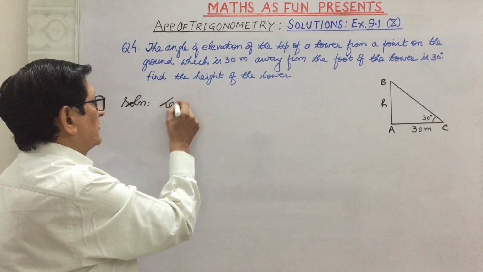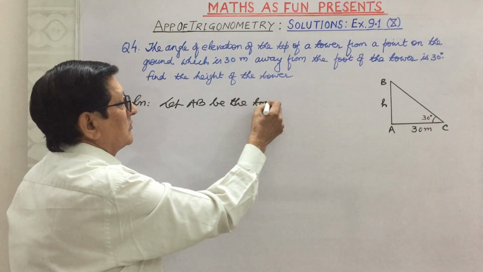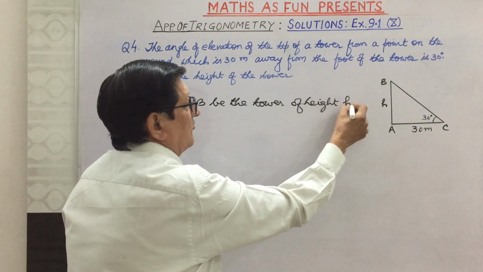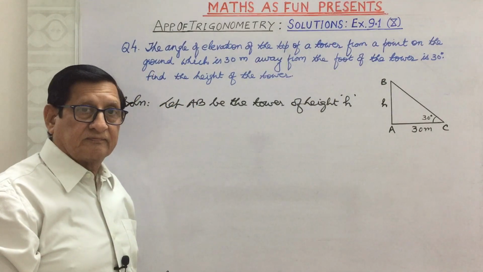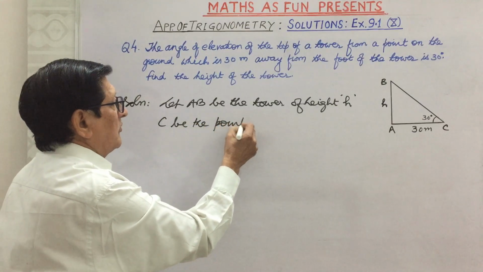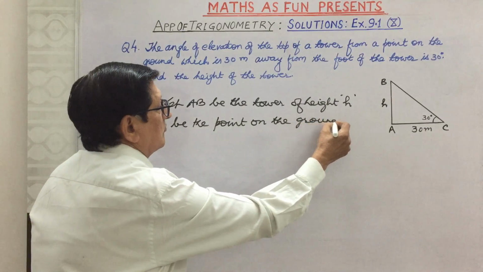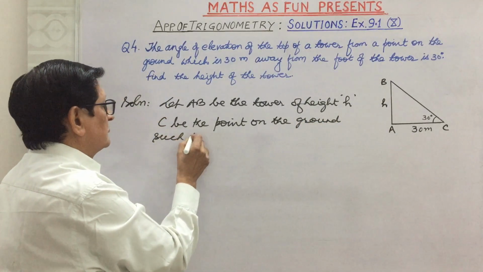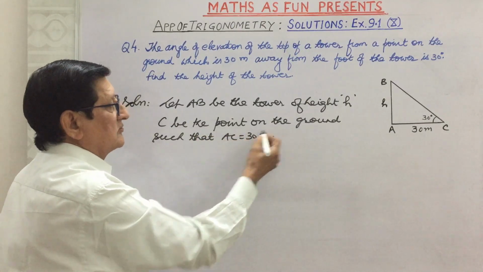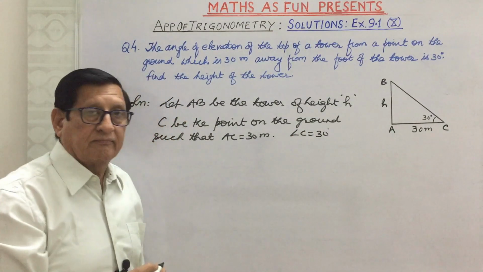So we write, let AB be the tower of height H. C be the point on the ground such that AC is equal to 30 meters and angle C is equal to 30 degree.